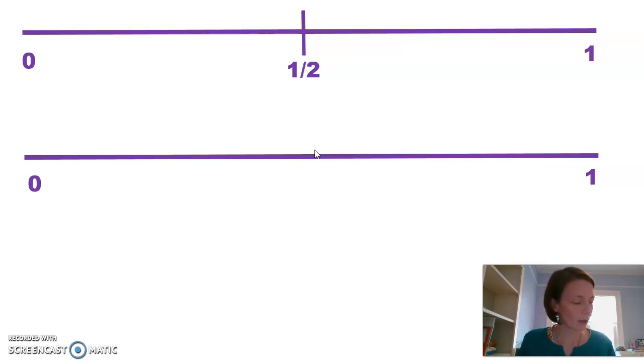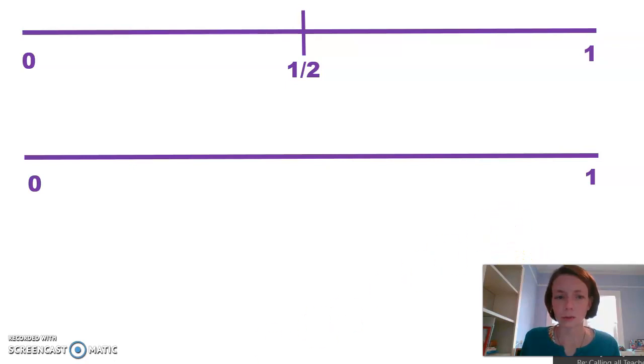Now, we know, I'm going to remind you that quarters are 4 equal pieces of one whole. That means you're going to need to show 4 equal pieces somewhere on this line between 0 and 1. So I'm going to stop for a second and I'm going to let you use your finger gently.